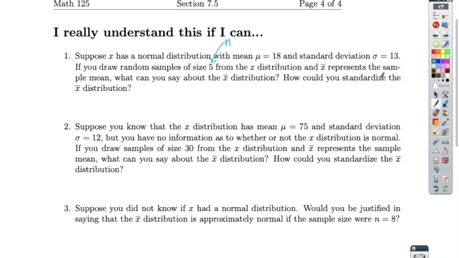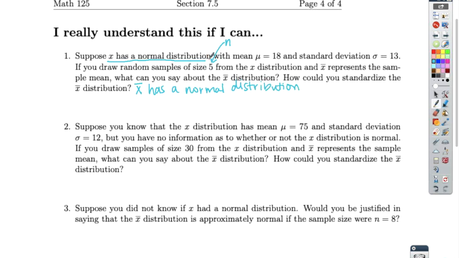And how could you standardize the X bar distribution? Well, what we can say here is if X already has a normal distribution, then for sure X bar has a normal distribution. If X is normal, then X bar is normal.